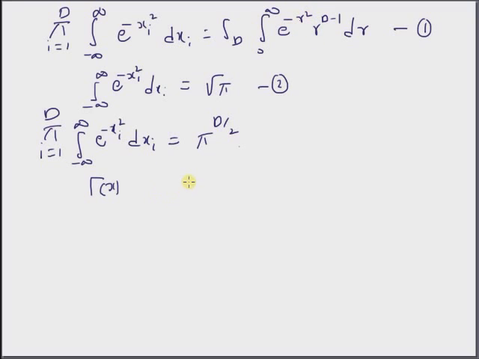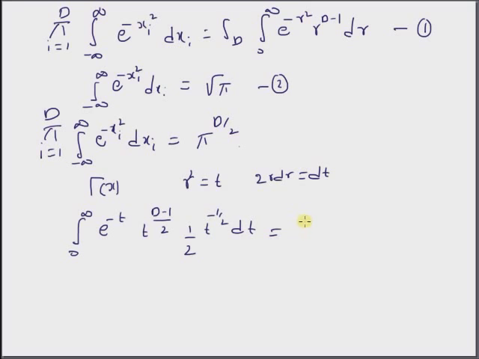So by transforming r square equal to t and 2r dr equal to dt, the integral on the right hand side becomes 0 to infinity, the limits do not change, and the exponential function becomes e power minus t, and you can replace r with t power 1 by 2, so it becomes t power d minus 1 by 2, and dr becomes 1 by 2 t power minus 1 by 2 dt.